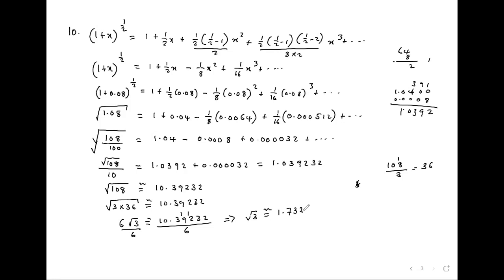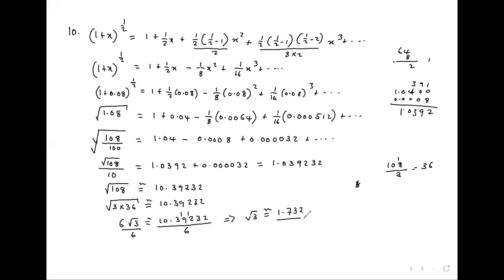To four significant figures, 1, 2, 3, 4, we've reached. I don't know if the next number is bigger than 5. Let's see. 6 into 3 is 0. 6 into 32 is 5.